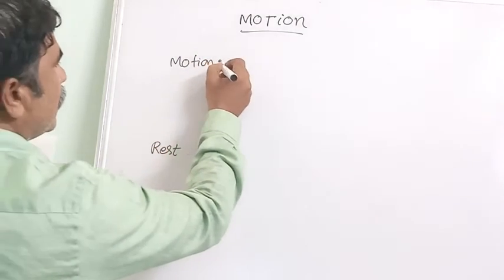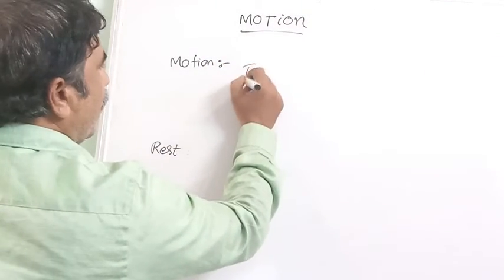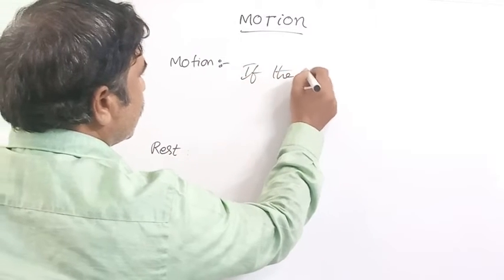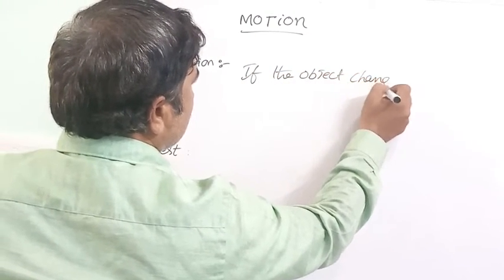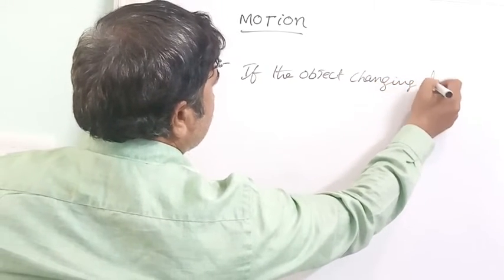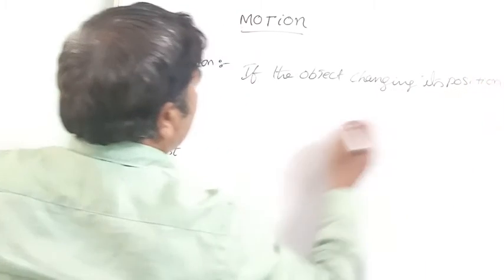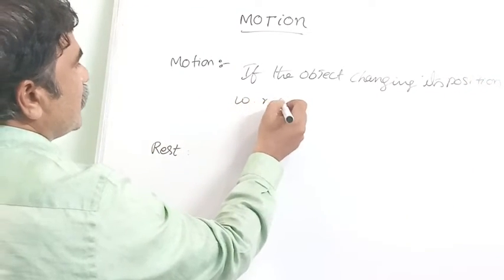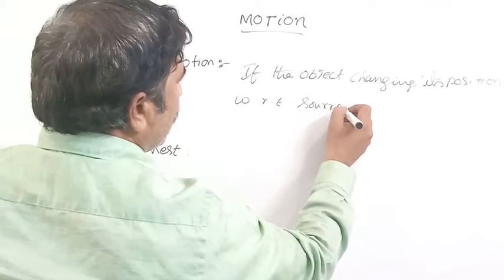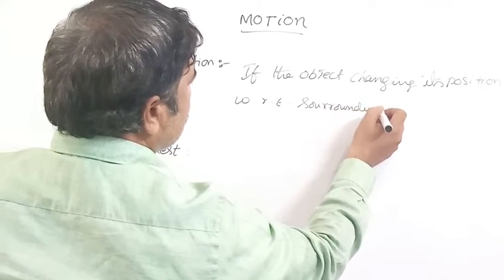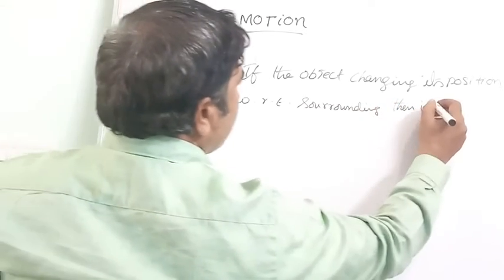First, motion. What is the definition of motion? If the object is changing its position with respect to surroundings, then it is said to be in motion.